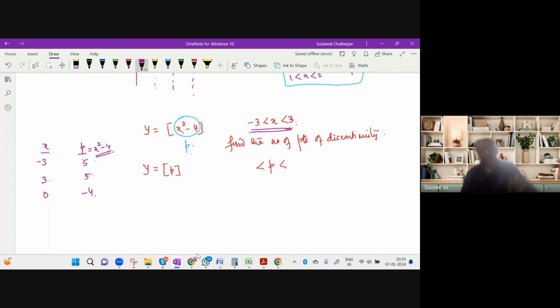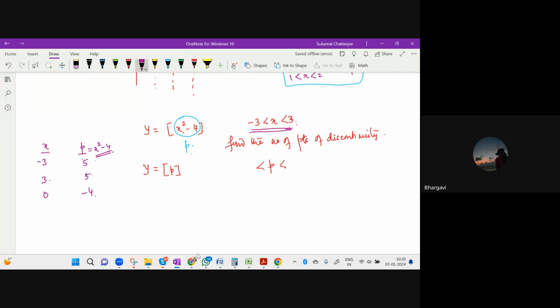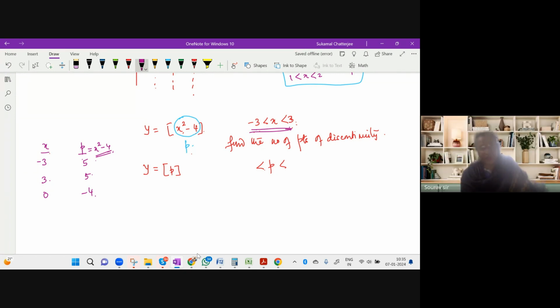Understood? Is it clear? Yes, sir. So p can vary from -4 to +5. This is the range of p. Correct?